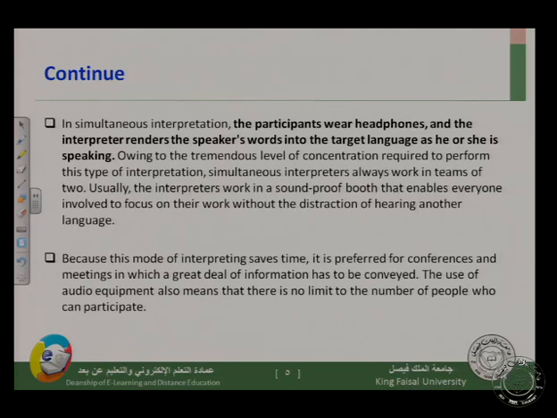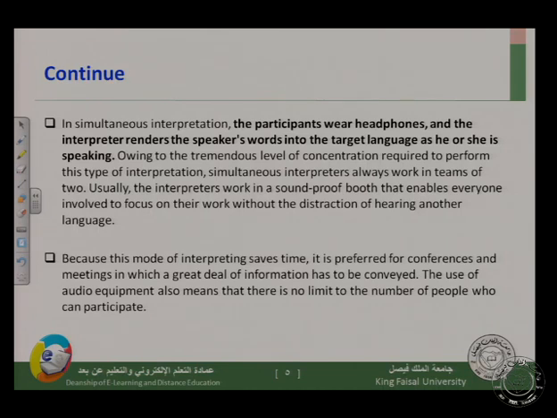I listened to the speaker through the headphones, and while I was listening, I started to translate. Of course, the participants in the conference room hear it and understand.